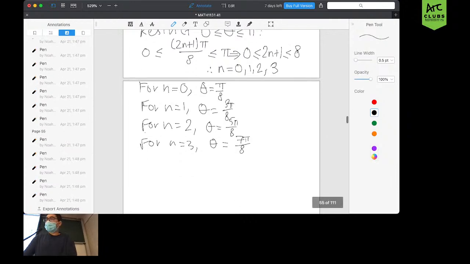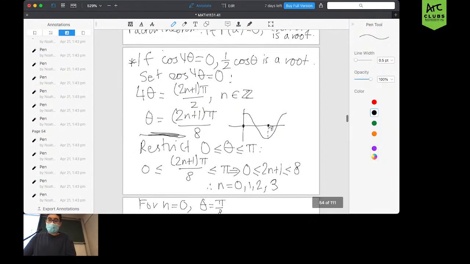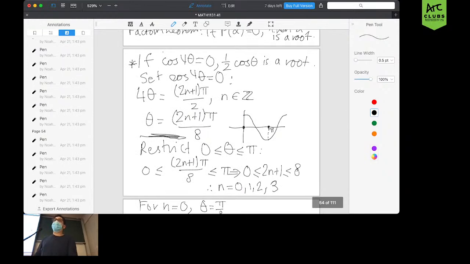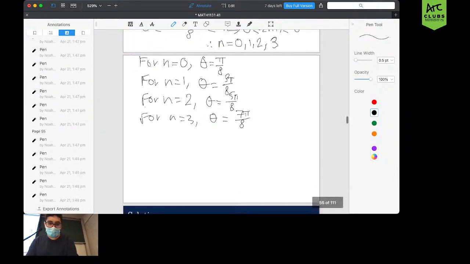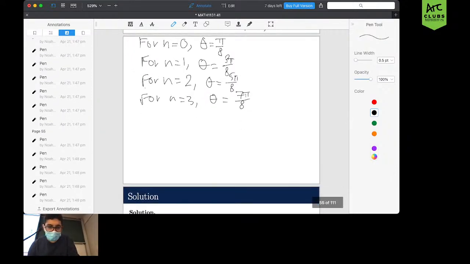So what does that mean for our roots? Well, I'm going to refer to it again. We said by factor theorem, if that first implication is true, then a half cos theta is our root. And therefore our roots, the roots of p of x, are simply just a half cos of each of those values for theta.